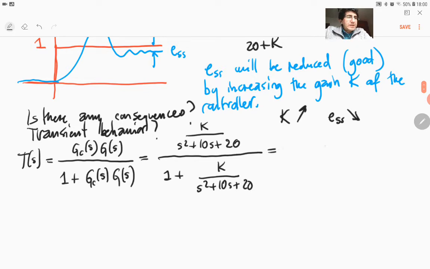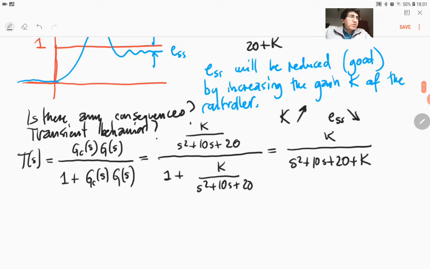And that's going to become K. Well, we will multiply both of these terms by the denominator and then simplify the denominators. So I will have here s squared plus 10s plus 20 plus K.